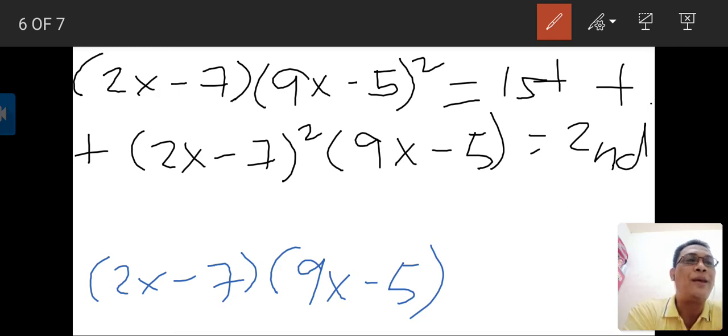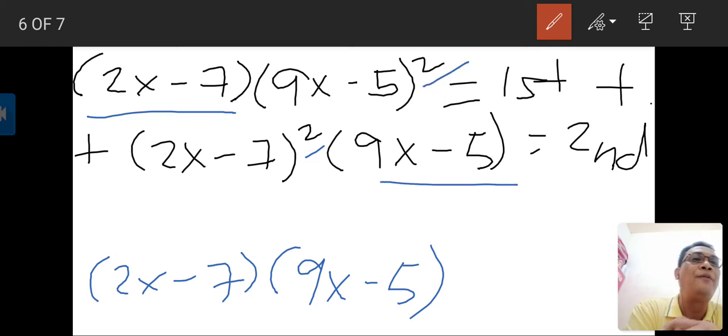Let us take the least degree. Since this is squared and this is on the first degree, therefore we can have the GCF for 2x minus 7, same as 9x minus 5. This is your second degree, and that is your first degree.